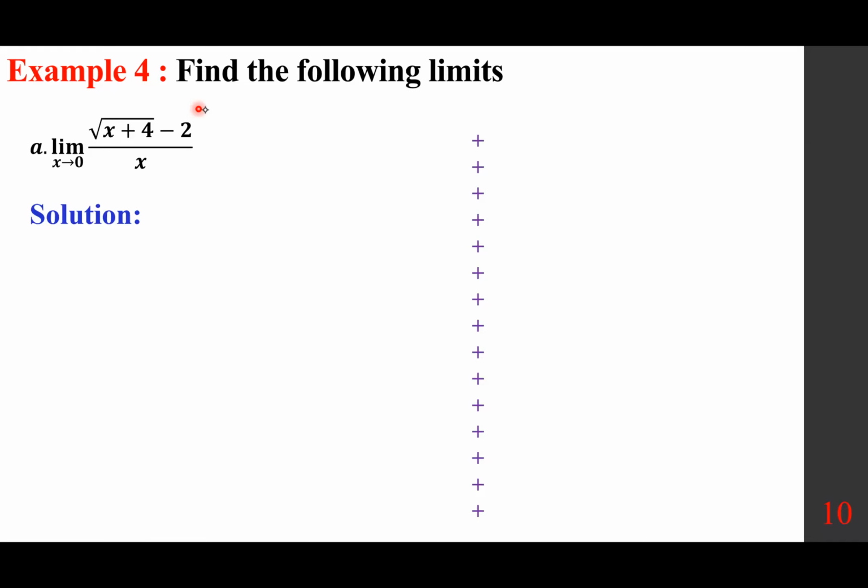When we plug in 0, this is 0. This is 0 plus 4. 4, square root of that, 2, minus 2 is 0. It's extremely important to say if we plug in, we get 0 over 0. We don't get 0. We don't get undefined. We don't get, it does not exist. We get 0 over 0, which is indeterminate form.